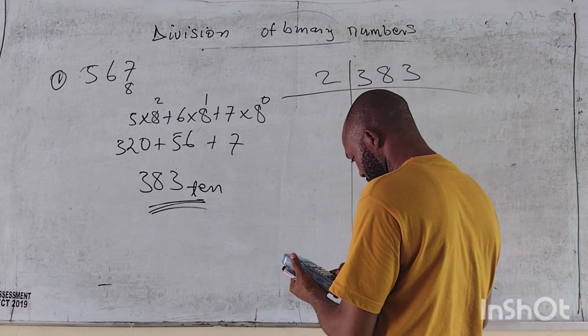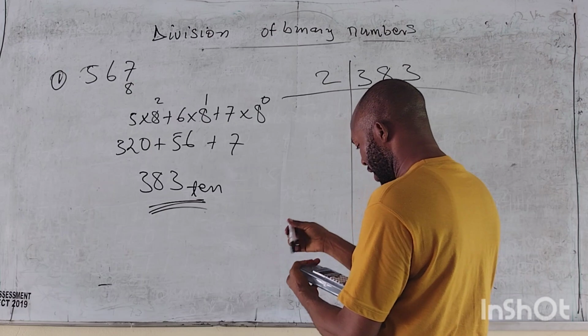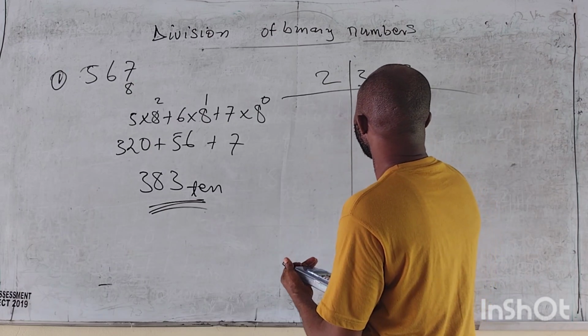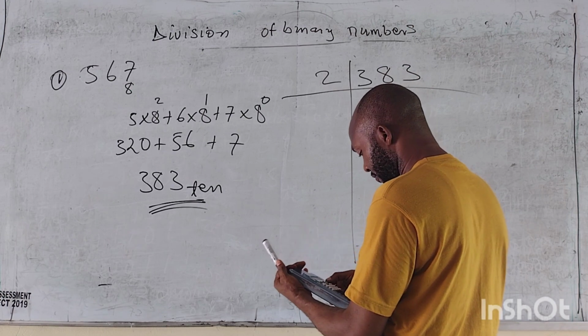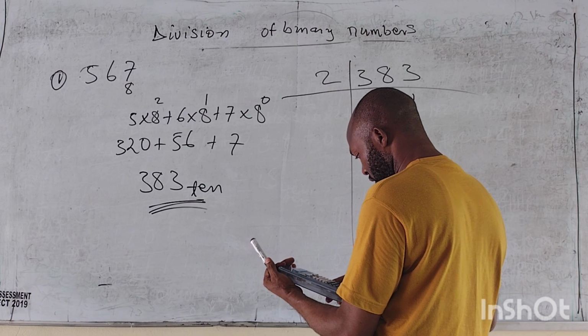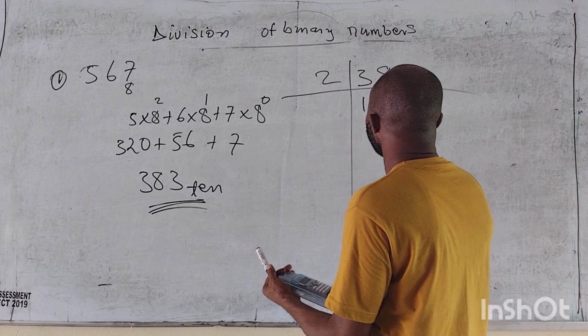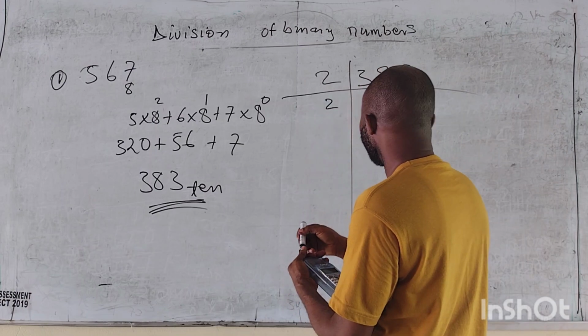Now, we have 383 divided by 2 is 191. Remember 1. You can confirm that 191 times 2 is 382. Remember 1. Okay, now we proceed.